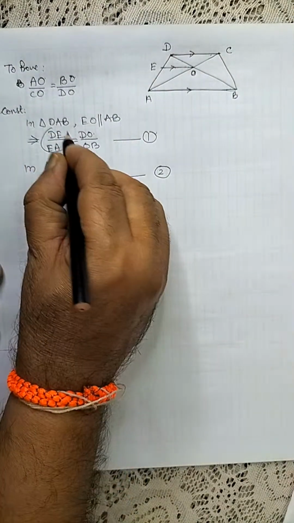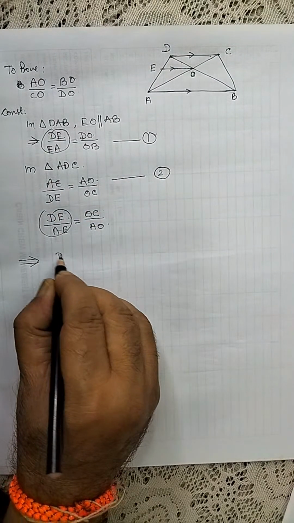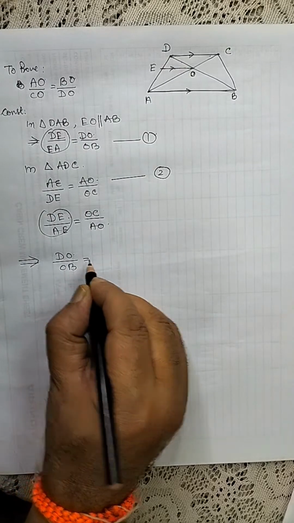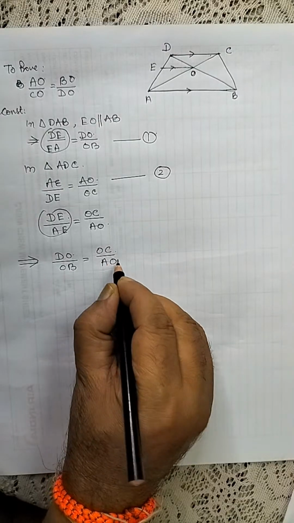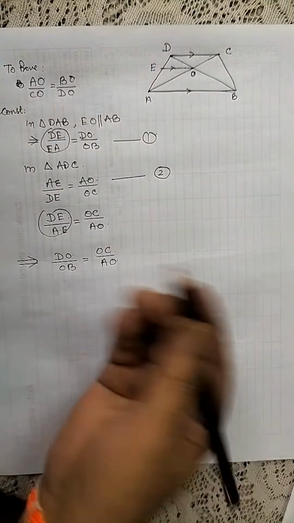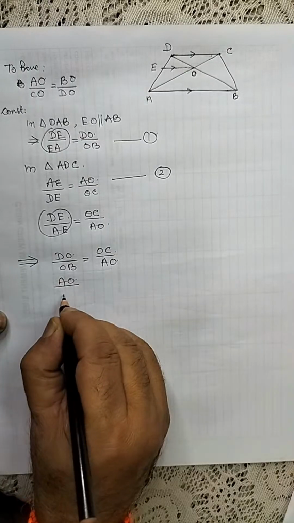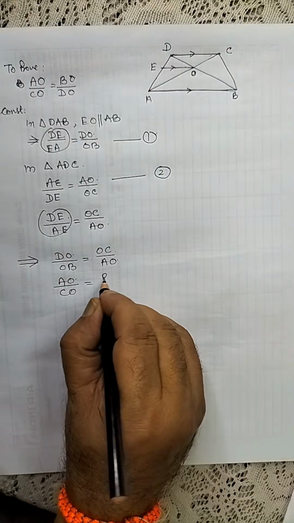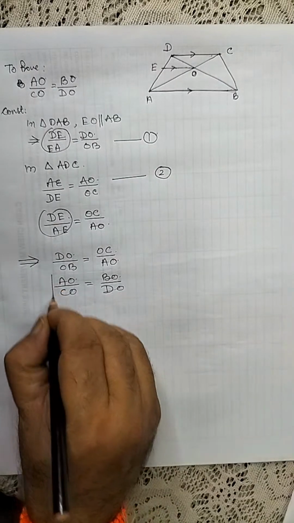Now this side and this side are equal, which will imply that DO on OB is equal to OC on AO, right? Or revert it, AO on CO is equal to BO on DO.